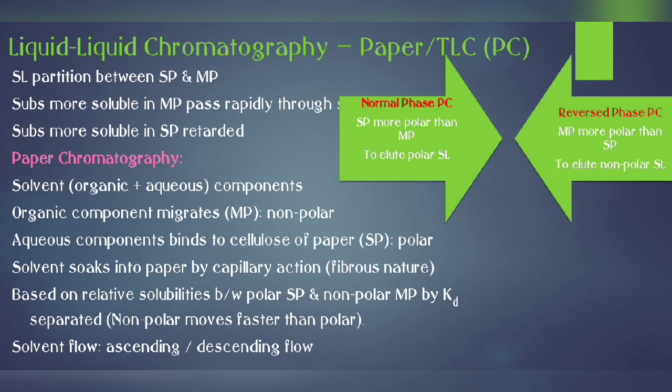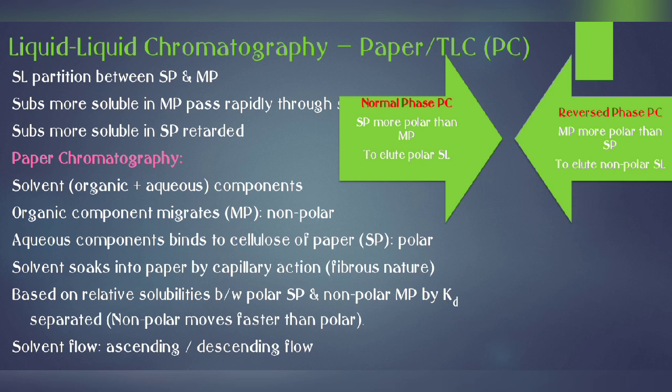The organic component migrates along the paper and forms the mobile phase, because of its non-polar nature. The aqueous component in the solvent binds to the cellulose of the paper because of its polar nature, so it forms the stationary phase. The solvent soaks into the paper by capillary action. That is the mechanism behind paper chromatography.